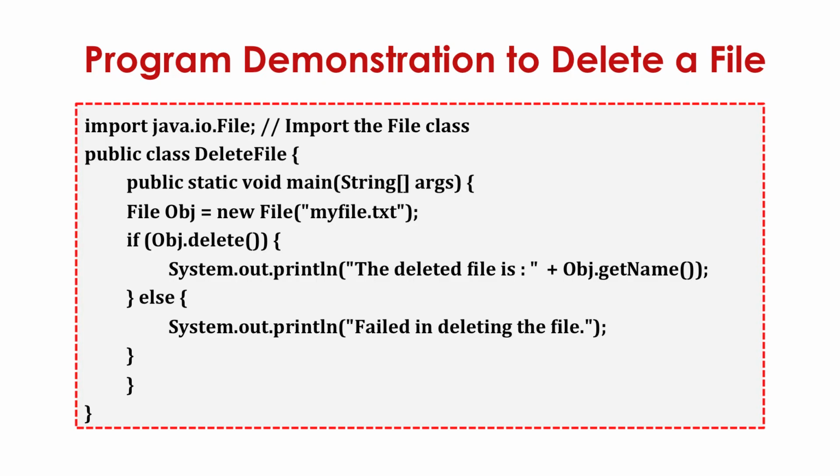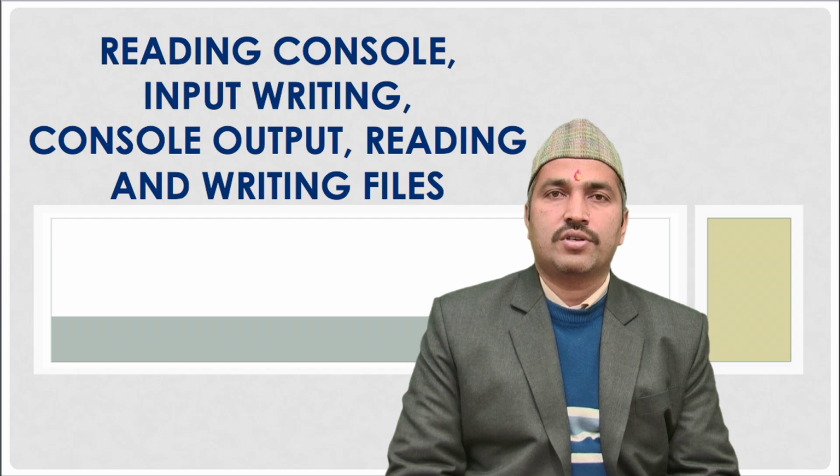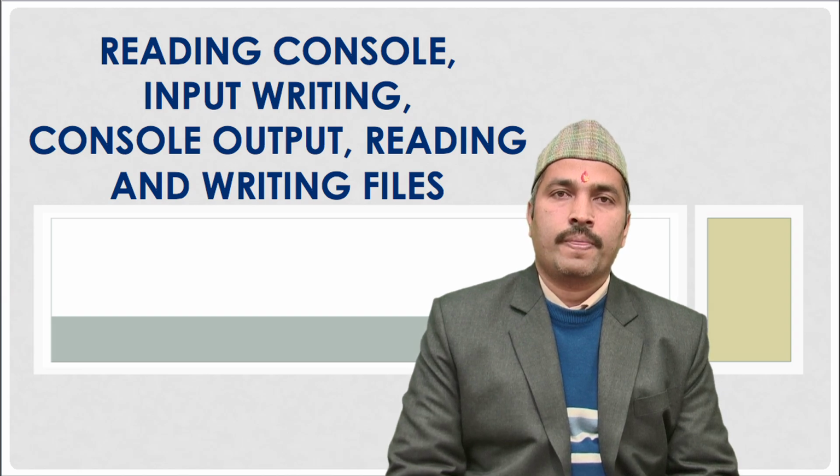Then we try to delete the file with obj.delete. If it returns true, it means the file is deleted, else it means the file failed to delete. If that file doesn't exist, the failure message will be displayed as per this demonstration. So there were some basic operations that can be performed on a file that we were discussing.